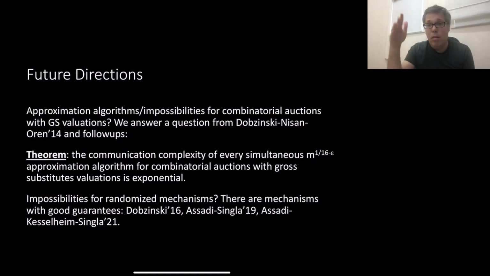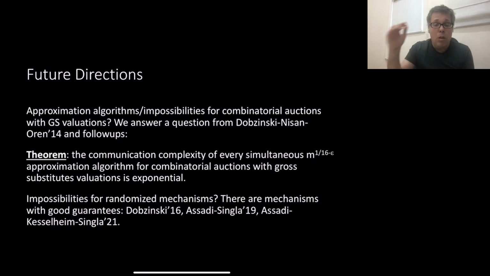Up until now, in the area of simultaneous algorithms, we could only bound the simultaneous communication complexity of XOS valuations. And we didn't even know if there is a 1 plus epsilon approximation for combinatorial auctions with submodular valuations. And here we know that we can't get anything better than m to the 1/16 for gross substitute valuations, and in fact also for matroid rank functions.